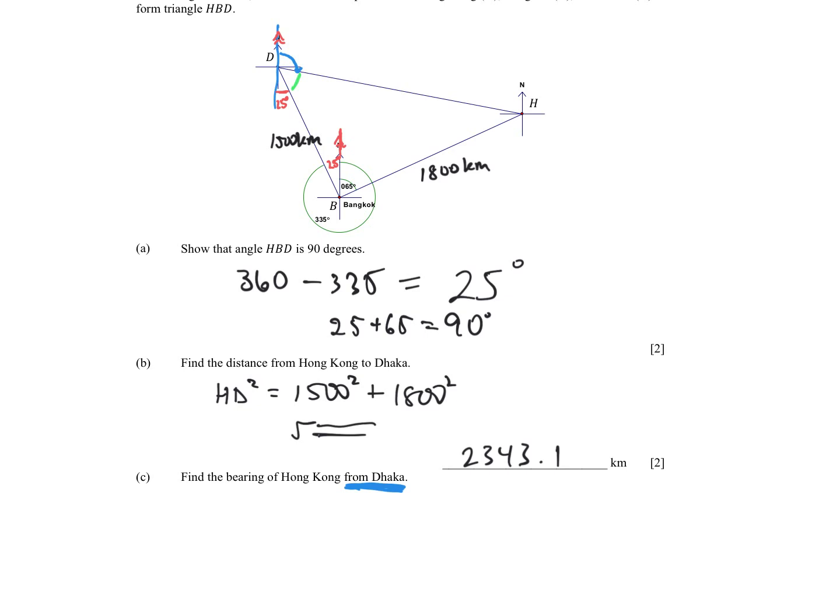So really what I need to do is find the angle that's inside of that triangle. And so I can use tangent theta equals opposite over adjacent, because of SOHCAHTOA. And that's going to be equal to 1800, because that's going to be the opposite side for that angle, over 1500.